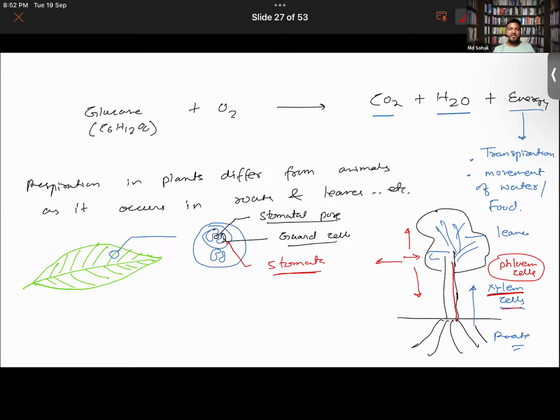Stomata is present on the upside of the leaves, not on the bottom side. For some plants, the stomata is located under the leaf. That's why I say that in most plants it is present on the upper side of the leaf, but in some of them it is present on the bottom side also.